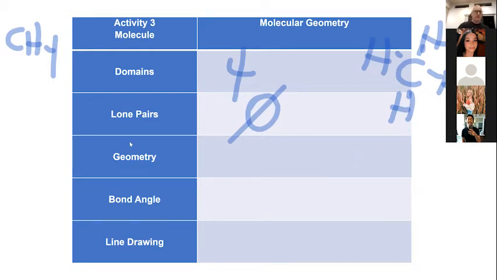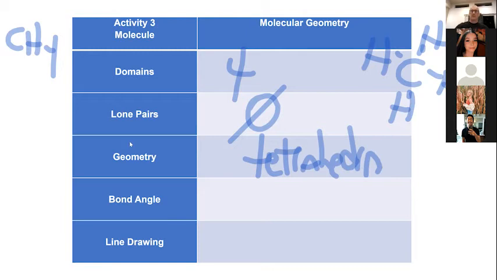That geometry, and shape, because geometry and shape are different. Geometry is the overall group that the molecule's in. The shape is the actual shape it has. The geometry is tetrahedral. And in a tetrahedron, the bond angles are around 109.5 degrees.